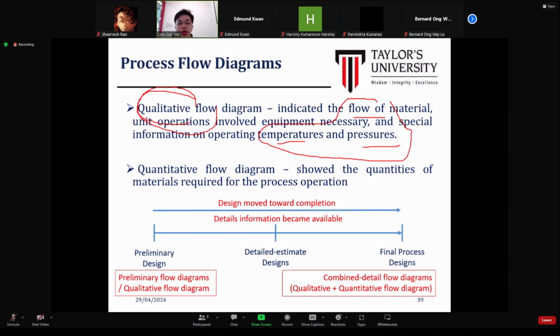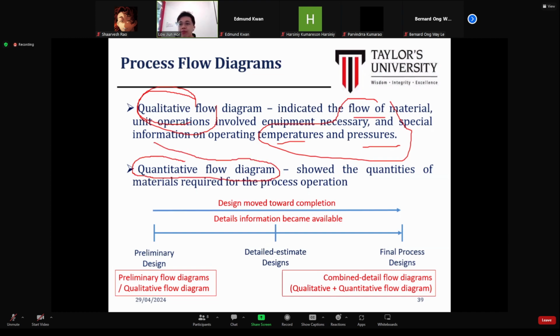If you calculate the mass and energy balance and prepare a summary table immediately after showing the process flow diagram, or you directly include the heat or energy balance or the mass balance in the process flow diagram, then it provides quantitative information.